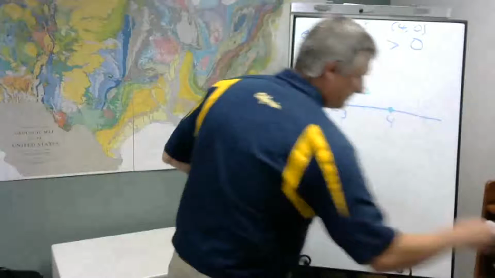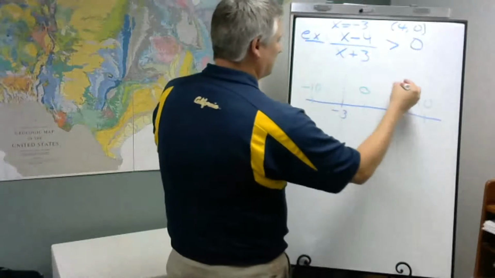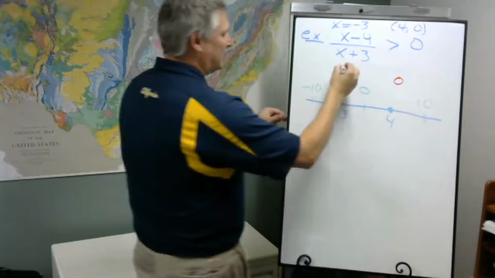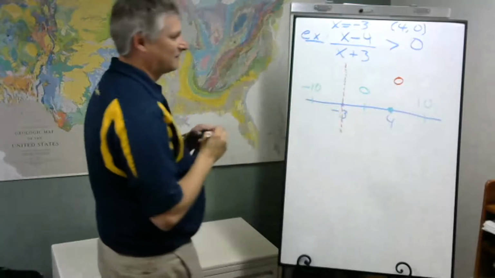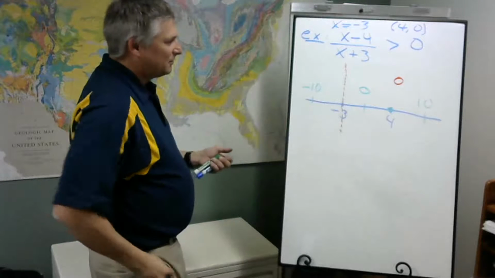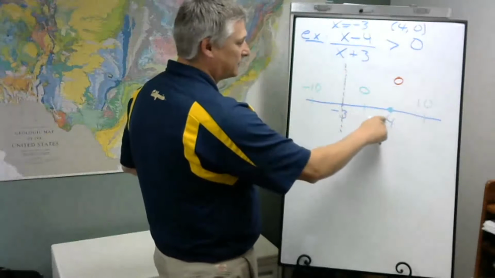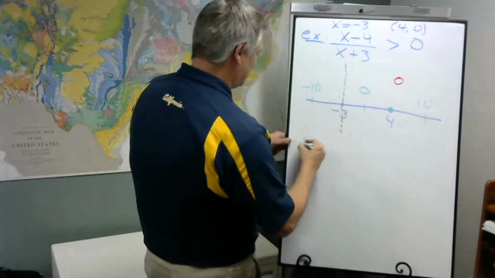So we have a 0 here. Then we have a vertical asymptote. So this is where the function is equal to 0.